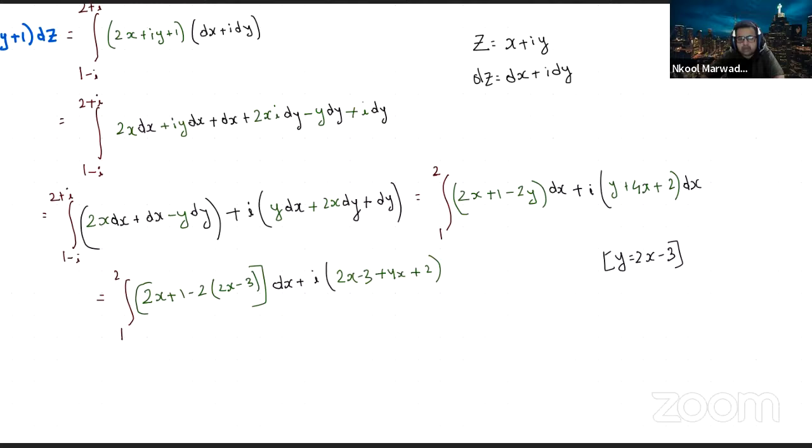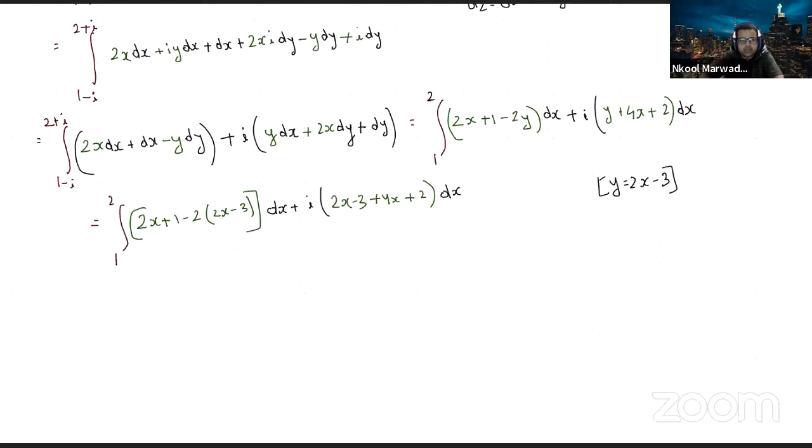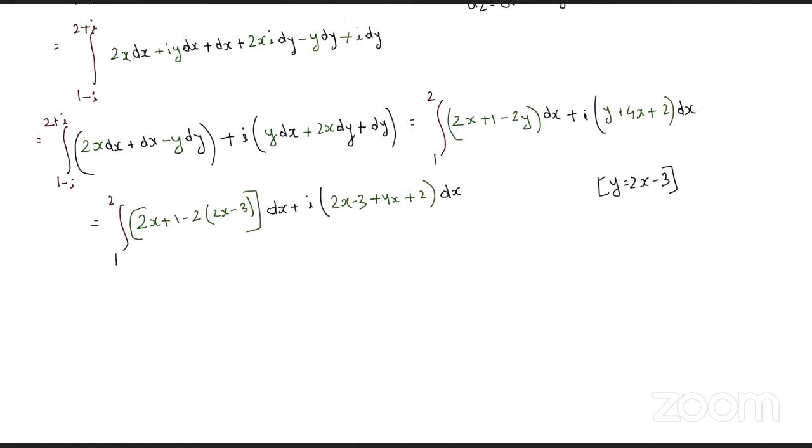So wherever y was there, I replaced it with 2x minus 3. Now I can do some simplification to get something like this. That will be minus 2x plus 7 dx plus i, 6x minus 1 dx.